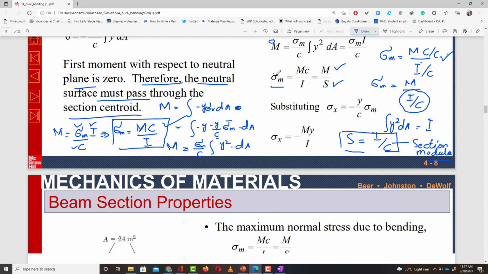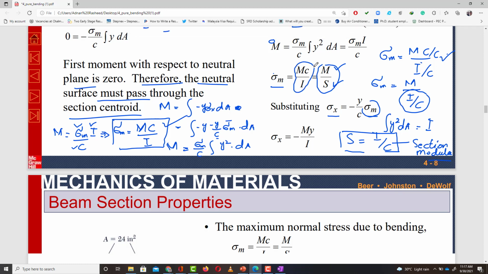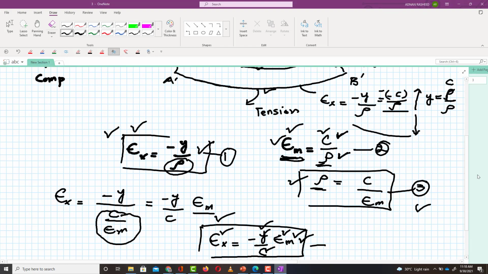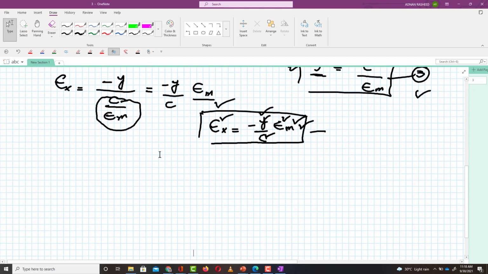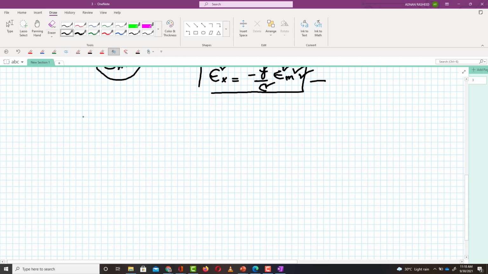No, sir. Okay. Now you know that sigma x is equal to minus y over c into sigma m. So if you put the value of sigma m, which is M over S, or just Mc over I, I will show over here. Sigma m is equal to Mc over I. Clear?